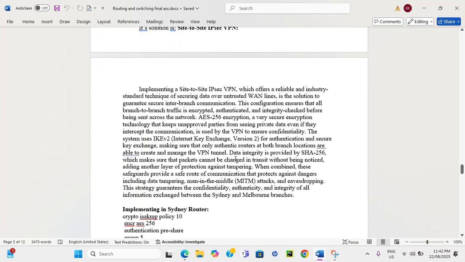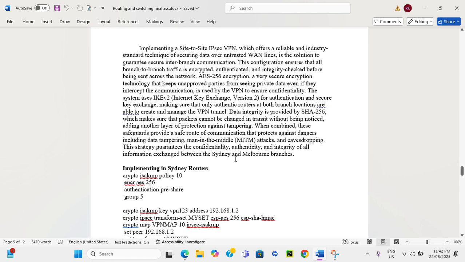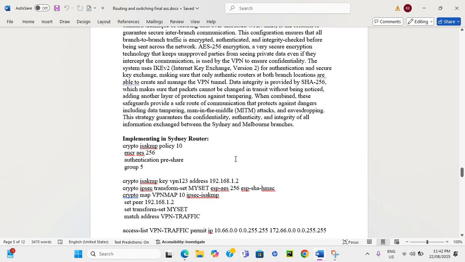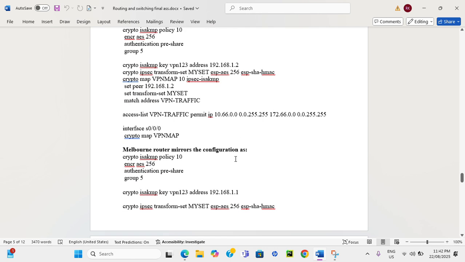IPsec uses a hashing algorithm like SHA to guarantee data integrity, IKE to authenticate routers, and AES to encrypt all traffic. That means sensitive corporate data remains confidential and protected from interception.